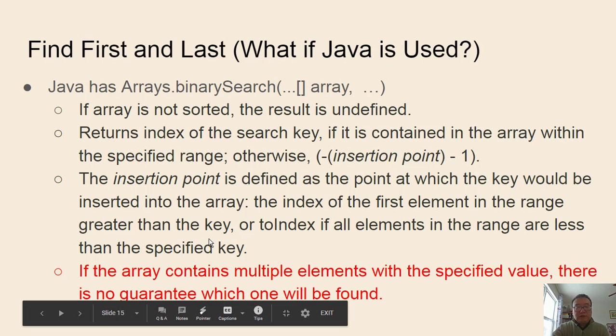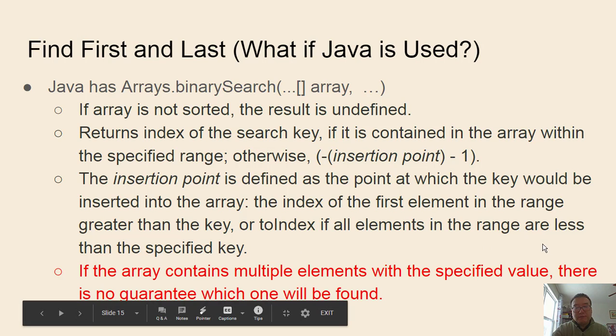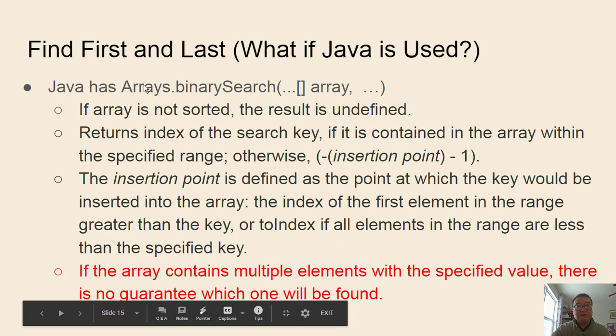If the element does not exist in the array, then you get the insertion point, and you can solve this problem by just returning -1, -1. But if the element exists and may occur multiple times, there's no guarantee what Java binary search will return.